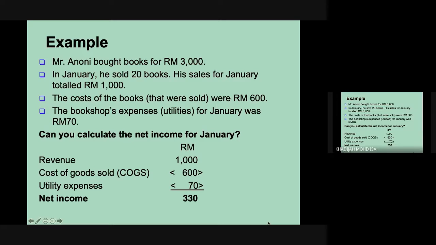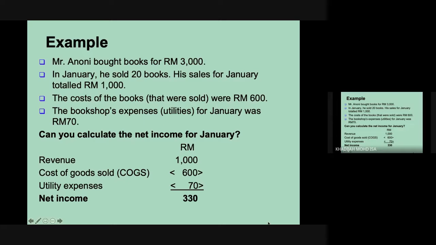So for January, you have income in the form of revenue. What is revenue? It is your sales of the 20 books, and that sales total 1,000 ringgit. What about your cost of goods sold? It said the cost was 600 ringgit. So you take revenue minus the cost of the goods that you sold, and then you also minus your expenses.